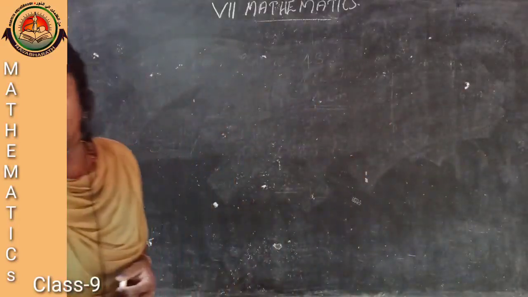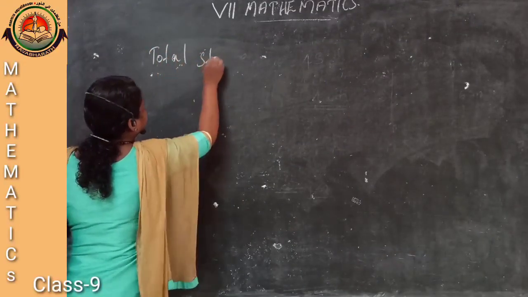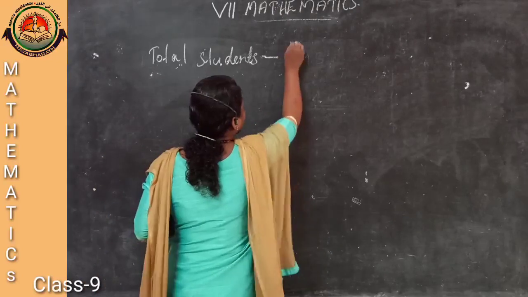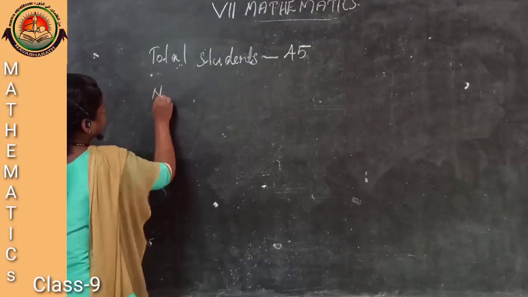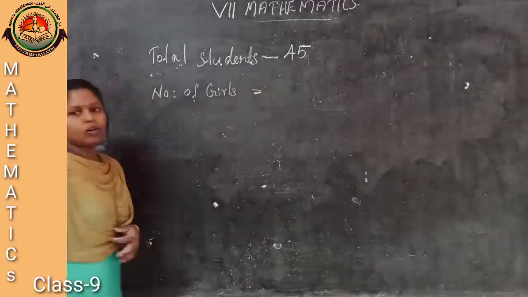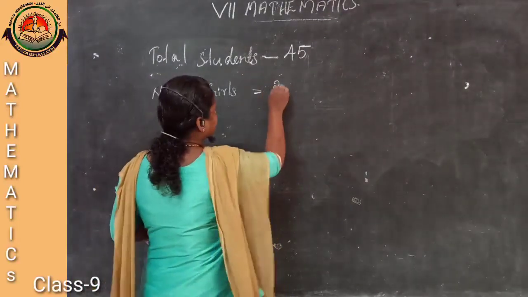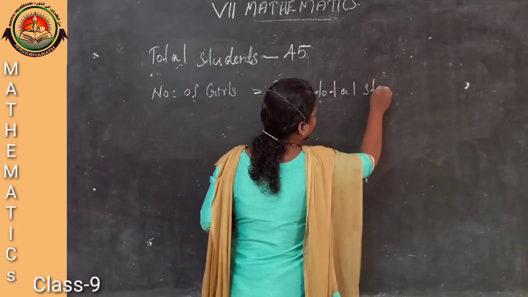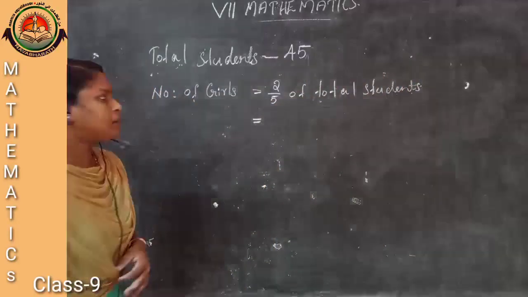Total students 45. Then number of girls is equal to 2 by 5 of total students. What is this 2 by 5 of total?